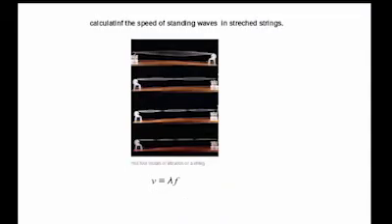Now we want to calculate the speed of standing waves in stretched strings. Practically in the lab, when you are doing the experiment of standing waves in stretched strings, this is the formation or the shape of standing wave that you are going to get: 1 loop, 2 loops, 3 loops, and so on.